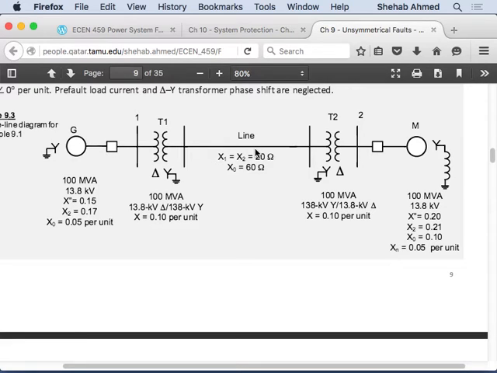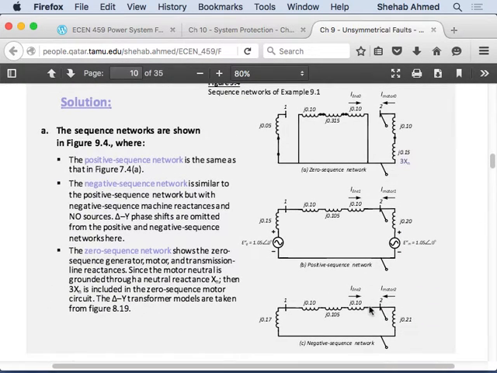They're asking what is the contribution of the transmission line to the fault at bus 2. We took our circuit and converted it to sequence circuits. We found our Thevenin equivalent at bus 2. From the Thevenin equivalent at bus 2, they say it's a double line to ground fault, so we connected it in a certain way.